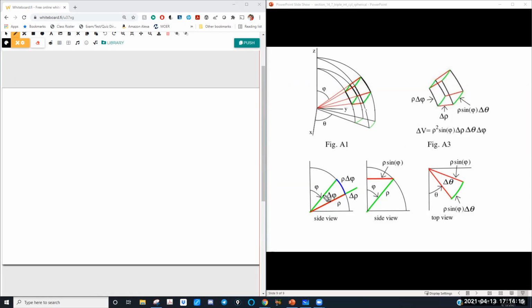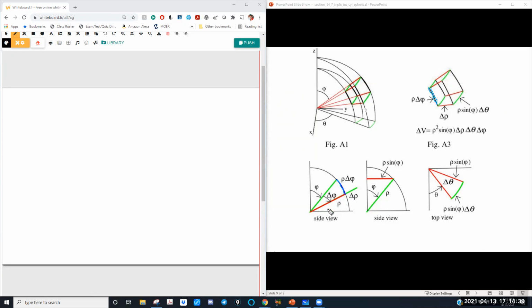Well, the angle there is delta phi. Rho is the distance or the radius from the origin. So the arc length here, it's blue here, but it's black in this drawing. So when they're talking about this one here, that's the same as this arc length here.